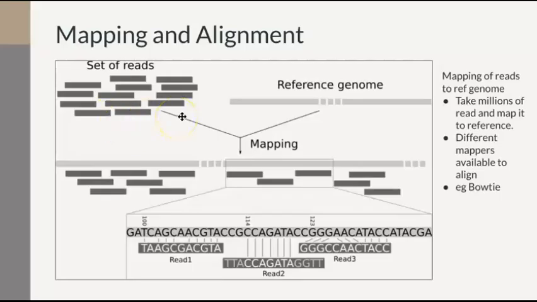What we mean by mapping it is that we're going to take these fragments and refer to a reference genome, and we're going to try to align it to this reference genome in order to form a map. By taking all these sequences, and again, your depth is the amount of reads you have.